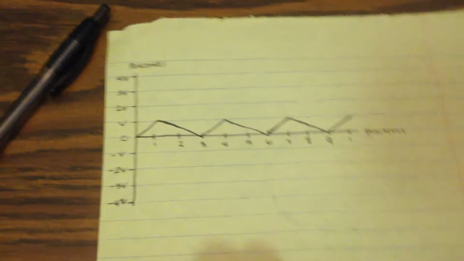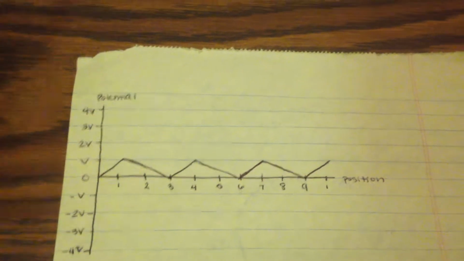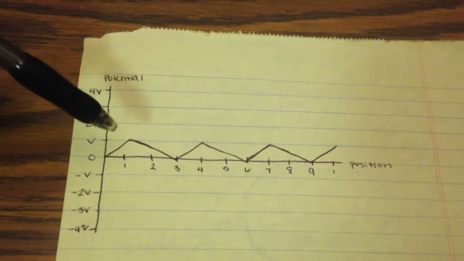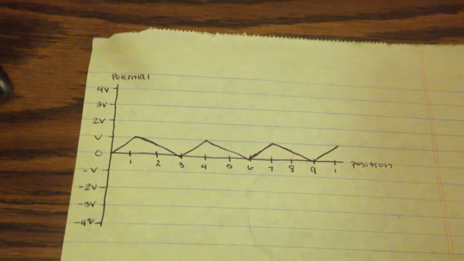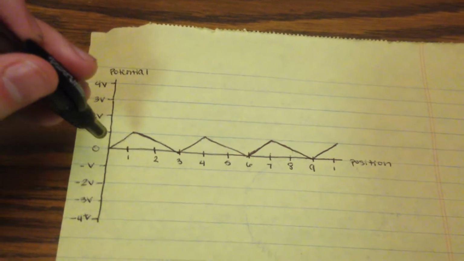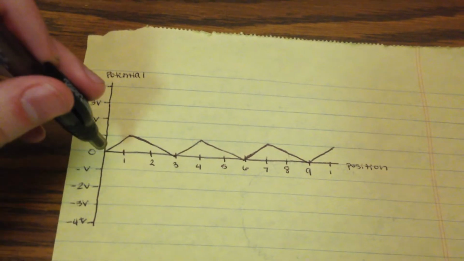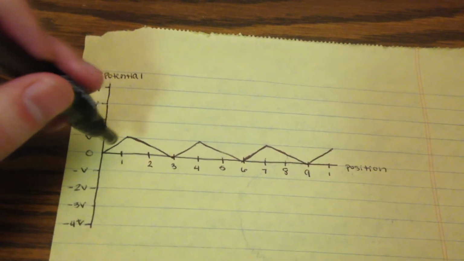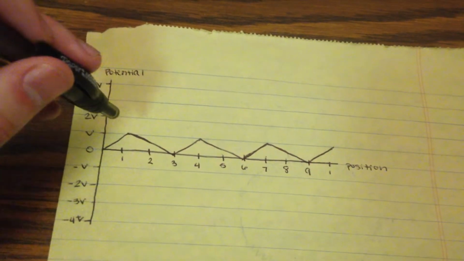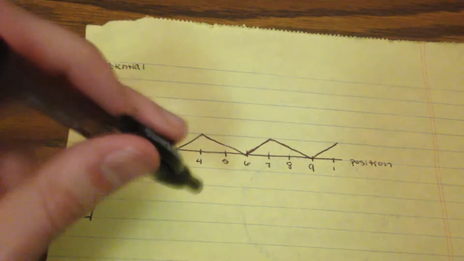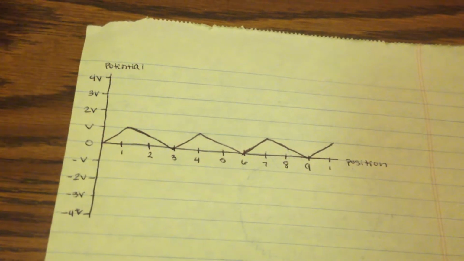So then the fourth question in this case was graphing. You had to make a graph of what the potential difference was going to be as you went around the whole circuit. So we know that going from 0 to 1 in this case would give you just a positive V, but if you go over 2 spaces, you're going to go back down to 0.